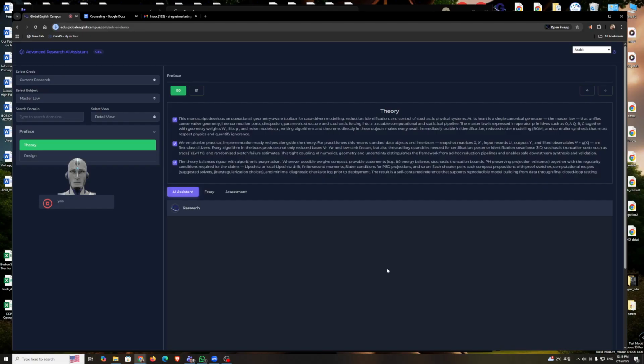Yes, and when you're talking about lifted observables, are you talking about something like Koopman operators or DMD? What other functions can use lifted observables? Yes, lifted observables often relate to methods like Koopman operators and dynamic mode decomposition, DMD.